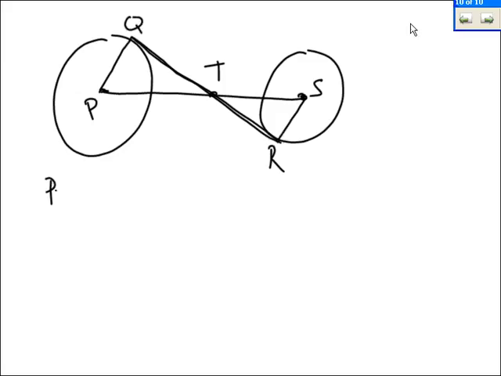I want to prove a few things. I want to prove that angle P is equal to angle S. That is, the angles by the centers are the same.